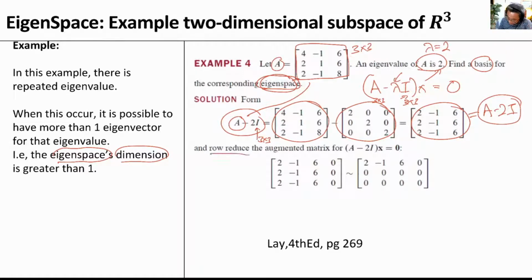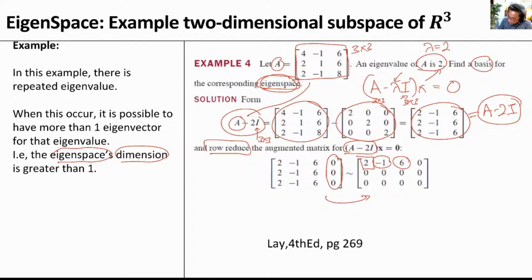Okay, so how do we solve? Again, we perform row reduction on this matrix A minus 2I. Here we have the augmented matrix because we padded the right hand side with the 0 vector. Alright, so let's proceed on, and we perform row reduction. We skip all the steps, and we found that we have one pivot and 2 free variables.